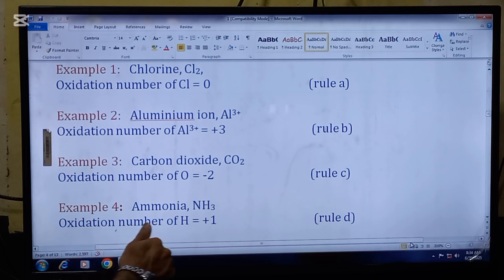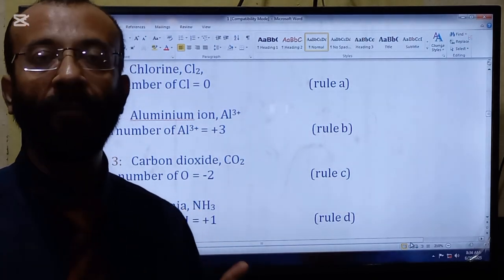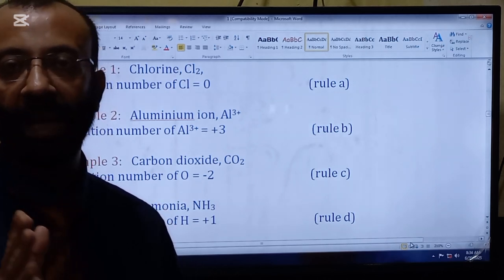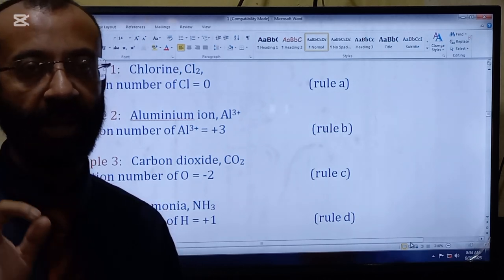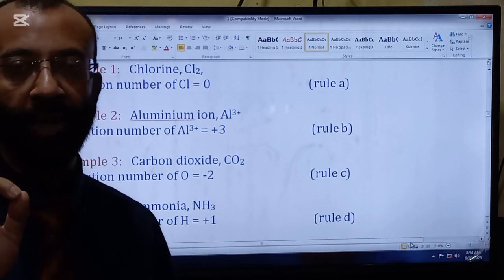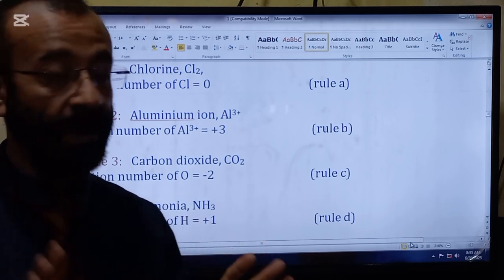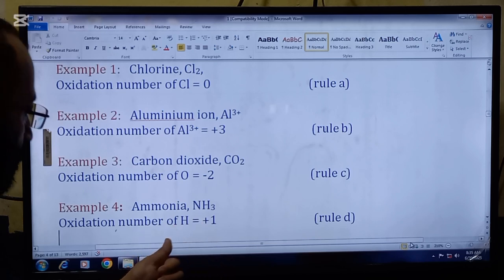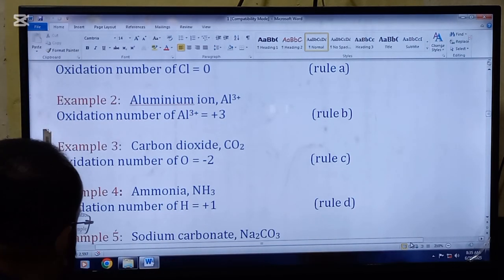Next example is ammonia. Another rule was the oxidation number of H is +1 except in ionic hydrides, in which the oxidation number of the hydrogen will be -1. So in NH3, the oxidation number of H is +1.